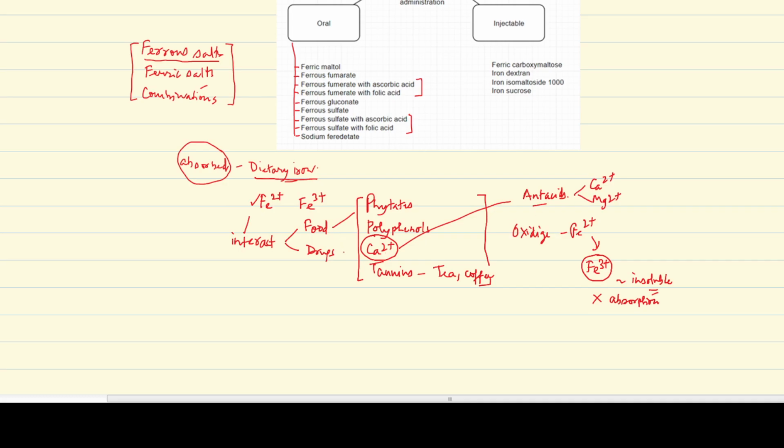In addition to food, the iron salts can interact with antacids. Okay. The other drugs with which iron can interact, in addition to antacids, are the fluoroquinolones.